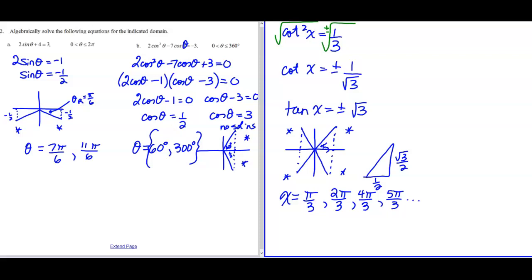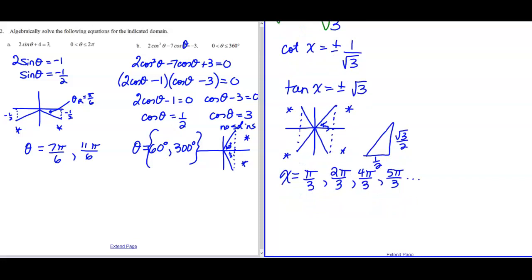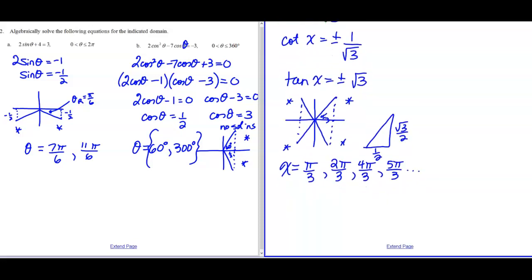You have to state it in terms of the angle plus multiples of the period. So sometimes students will look at this and go, oh, it's just multiples of pi over 3. It's not quite, because if it's multiples of pi over 3, it would be that one, and this one, and this one, and this one.